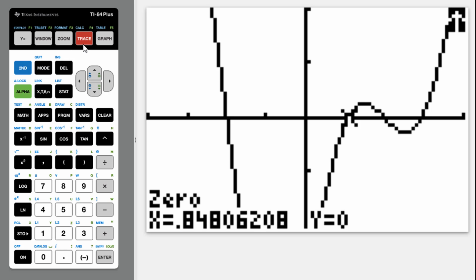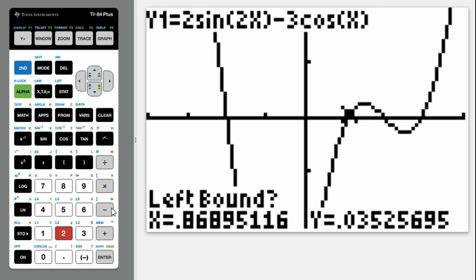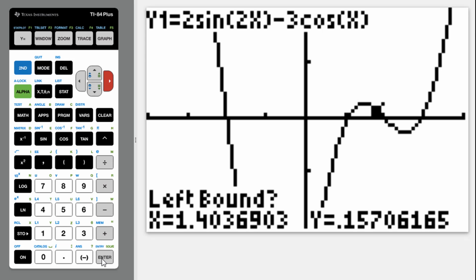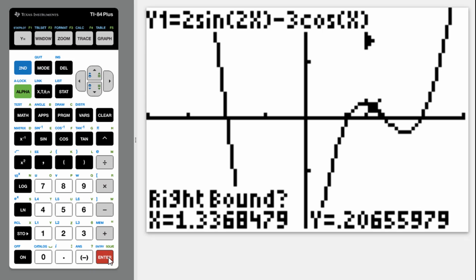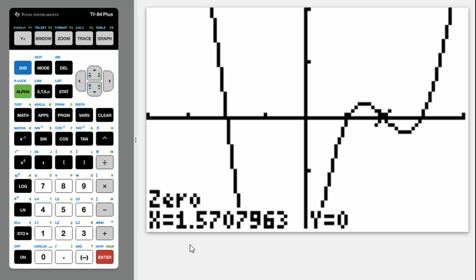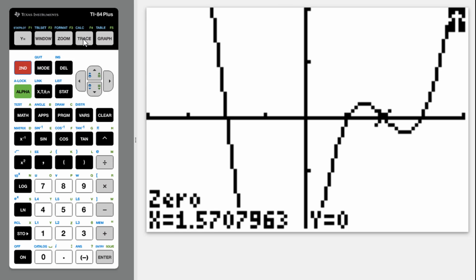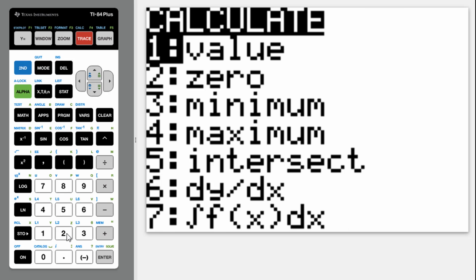Keep doing this. Second trace, 2. Then move. This is the left side of the third x-intercept. Enter. Enter. So you get the third x-intercept is 1.57. Second trace 2 again.